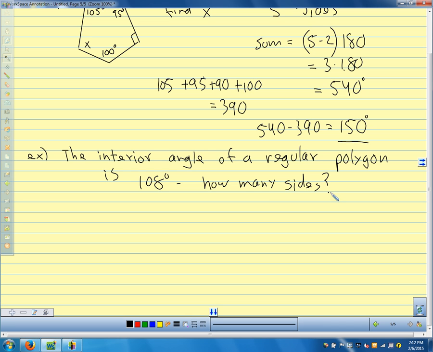How many sides does it have? All right, so let's look at the keywords here. The interior angle. Is that all of them together or one of them? One. Do we have a formula for one interior angle?